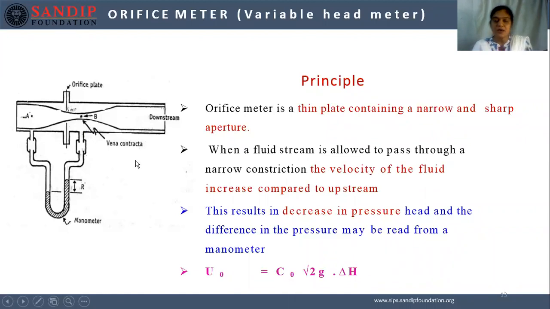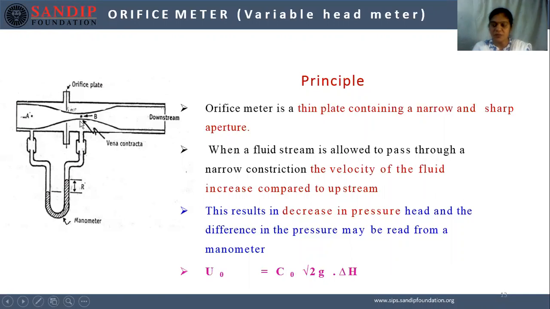Now let us see here the construction of this orifice meter. The orifice meter is considered a thin plate containing a sharp aperture through which the fluid is flowing. Normally it is to be placed in between a long straight pipe, so that other fittings will not alter the flow rate that is being measured.